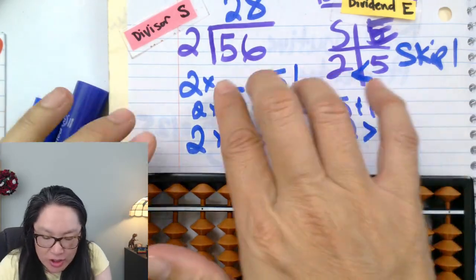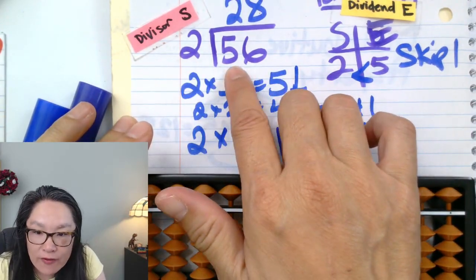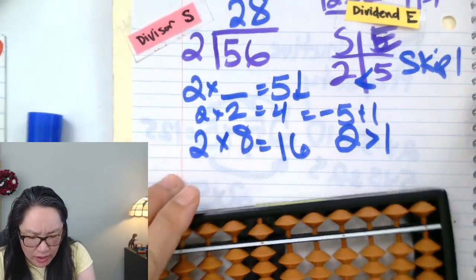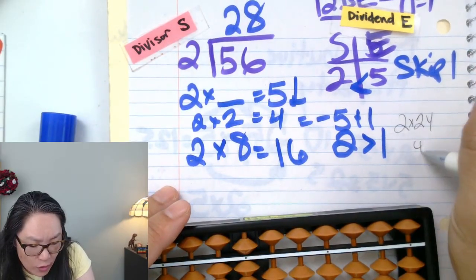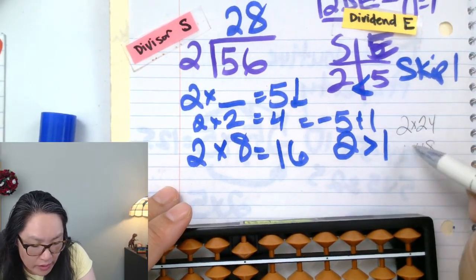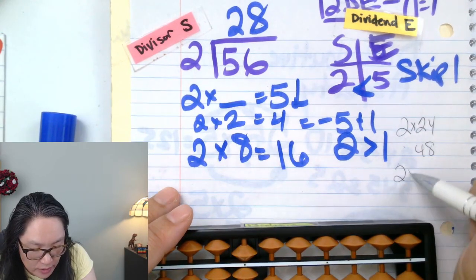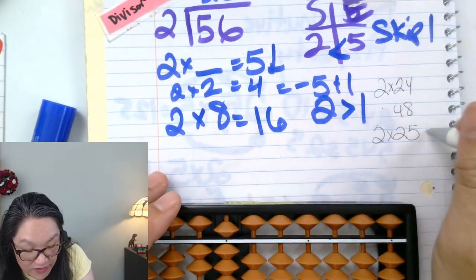Like in school, we were taught how many times does 2 go into 56? I'm like, I don't know. So they say, okay, well, 2 times 24 is 48. Okay, I need to do more. So then 2 times 5 is 50, right?